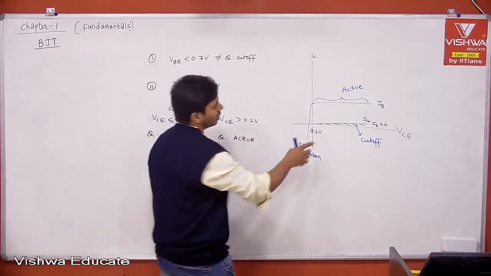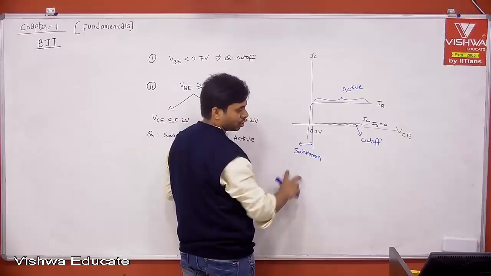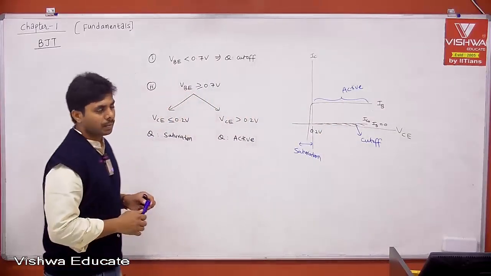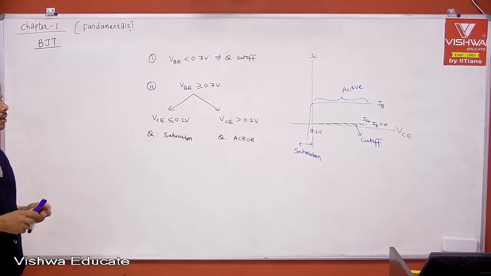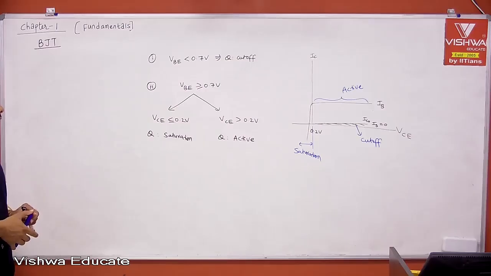Therefore, in this cutoff state, this is absolutely open. In the saturation region, it is almost a short circuit. In the active region, it is a current source. This is the very quick summary based on the points we discussed till now.